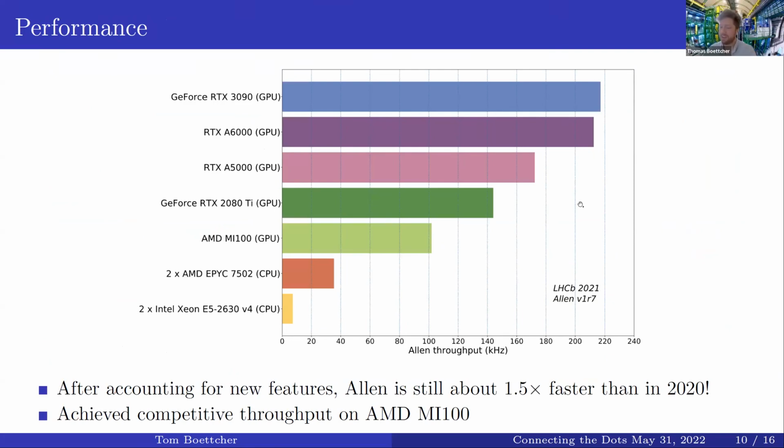I think the absolute best bang for your buck comes when you use a gaming card. We don't necessarily need all of the fancy things that a scientific GPU gives you. So we would get the best bang for our buck from something like an RTX 2080 Ti or the 3090.